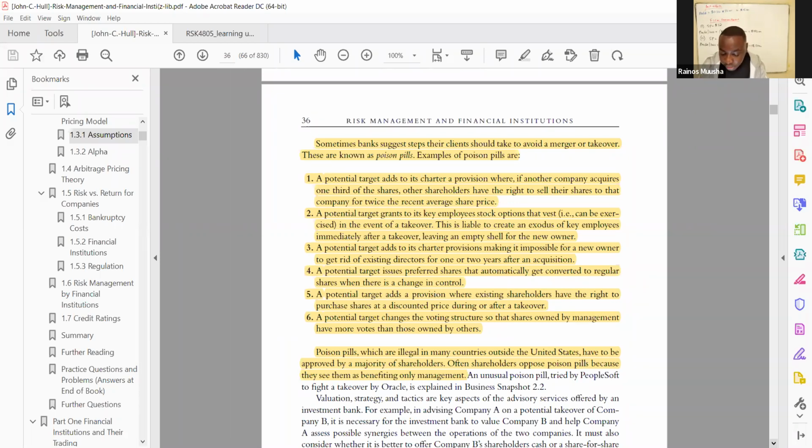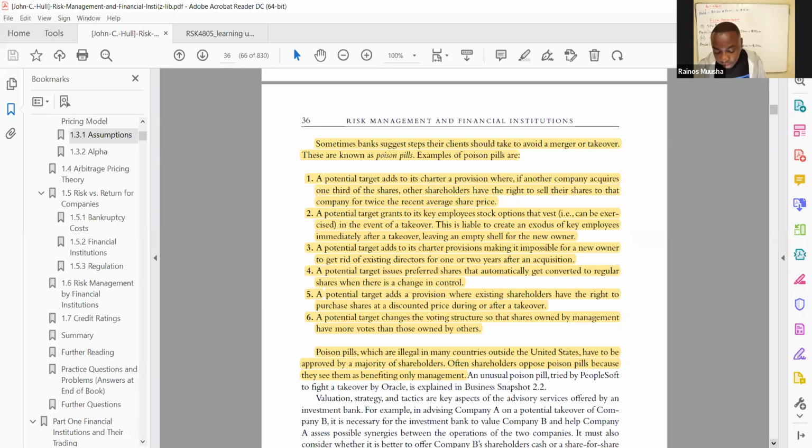So this is liable to create the exodus of key employees immediately after a takeover, leaving an empty shell for the new owner. Then the other one is, a potential target adds to its charter provisions making it impossible for a new owner to get rid of existing directors for 1 or 2 years after an acquisition. And the other one would be, a potential target issues preferred shares that automatically get converted into regular shares when there is a change in control.